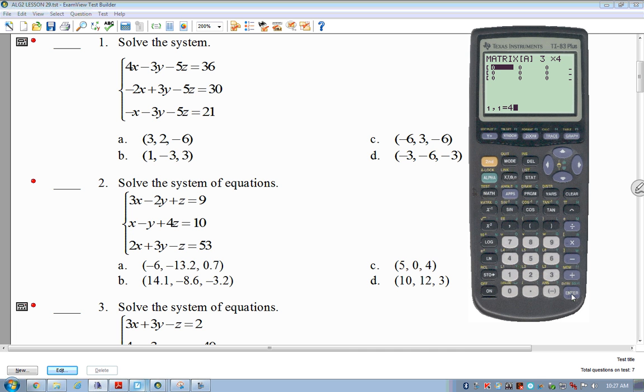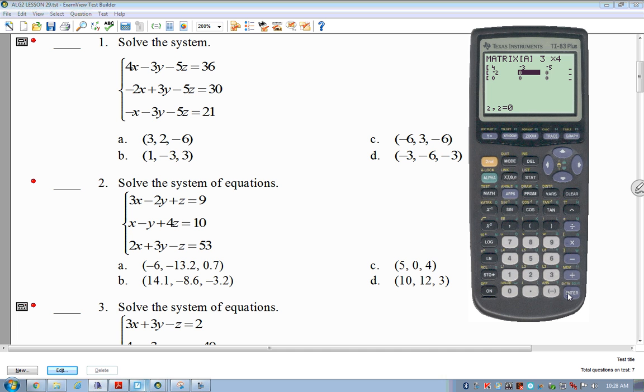So I got 4, negative 3. This is the big mistake people make, is they lose those negatives, right? Those negatives are important. Those subtraction symbols are negative numbers for those coefficients. Okay, so we got 4, negative 3, negative 5, and 36. Don't get nervous about the equal sign splitting those things up. We'll show you that it will turn out okay.